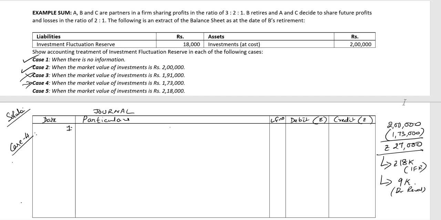So the first journal entry, investment fluctuation reserve account debit 18,000 rupees.